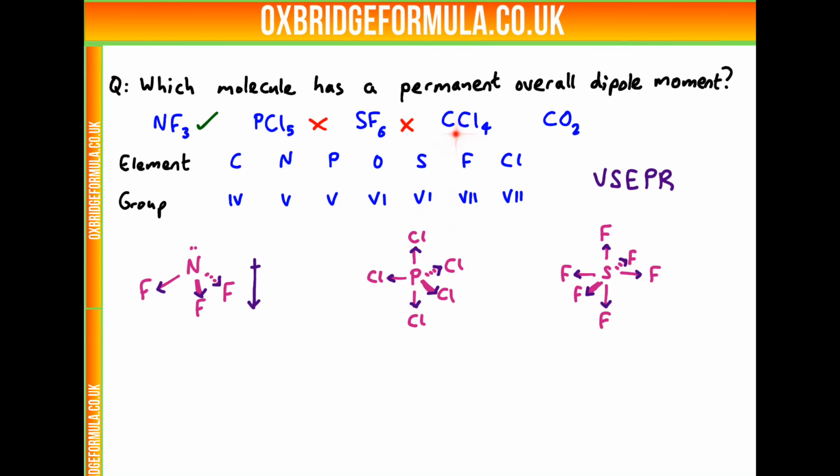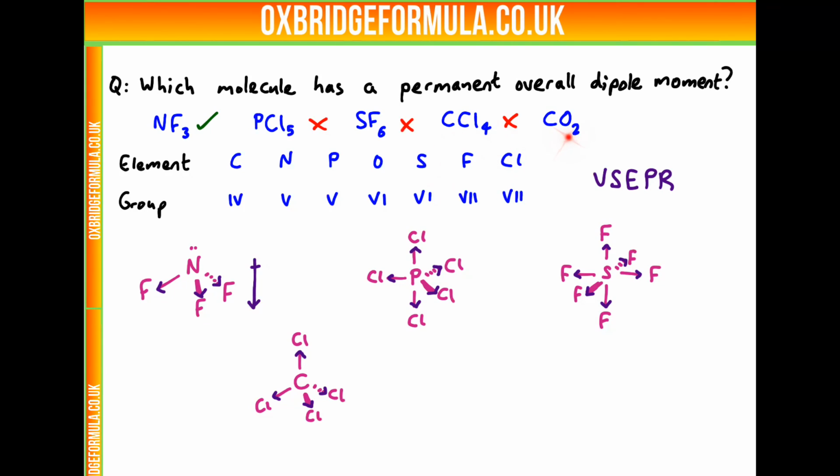Well, we know carbon is in group 4, so it has 4 outer shell electrons, meaning it forms 4 bonds to chlorine with no lone pairs, and the resulting shape is this tetrahedron. The bonds will be polarized towards chlorine because of the relative electronegativities. And does this mean there's an overall dipole moment? Well, no, because again we have a high symmetry arrangement, and all of these dipoles in the bonds will cancel each other out overall. So we know CCl4 does not.